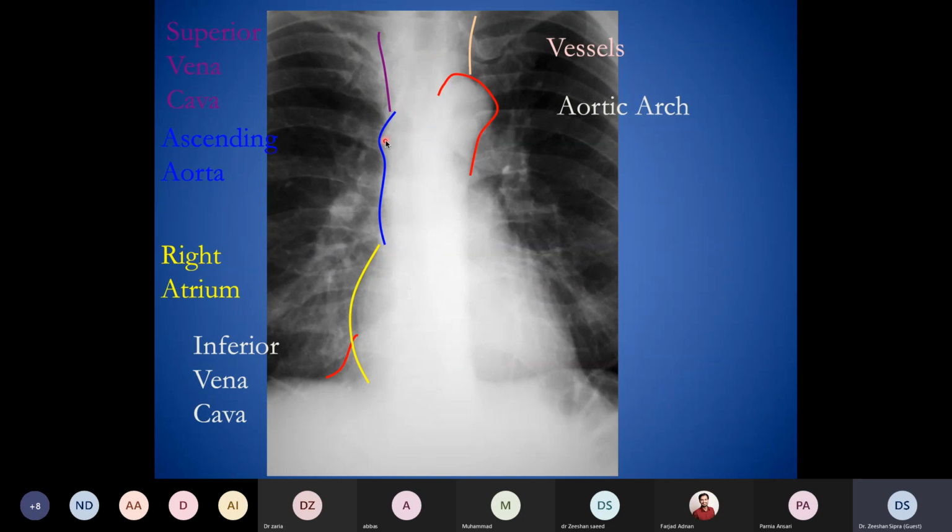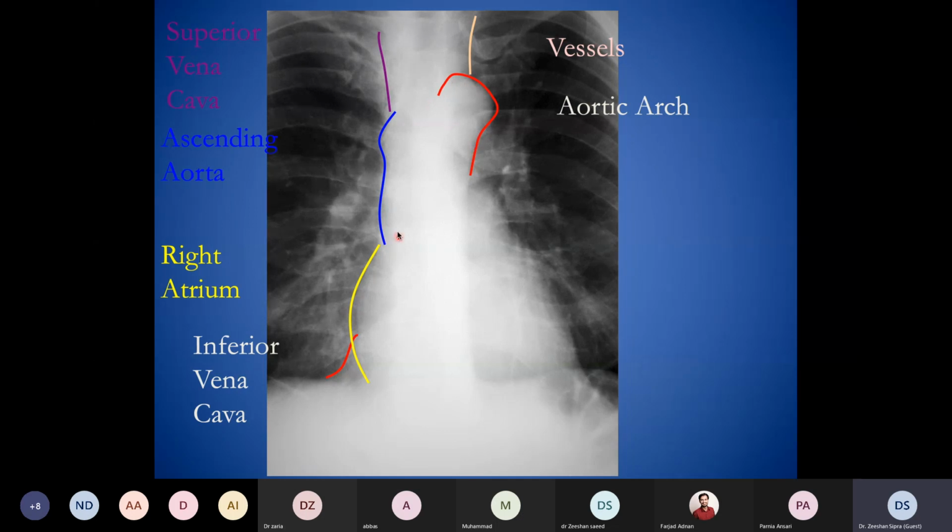This central structure was the trachea. So again, this is the ascending aorta. The aortic arch goes round like this. It comes from anterior to posterior. It goes back. The aortic root is over here. It ascends up and goes behind like this.